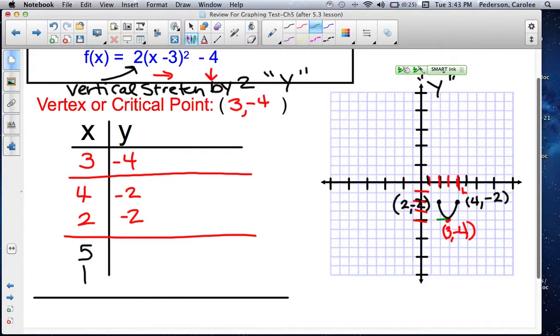So here's my vertex at 3, negative 4. So we're down 4. It has to go up 8 units from here. So it has to go up to here. This is 8 units. So my new point then is over 5, up 4, and then over 1, up 4.